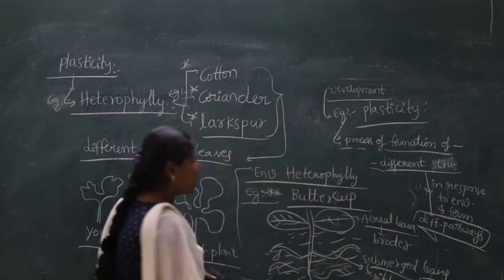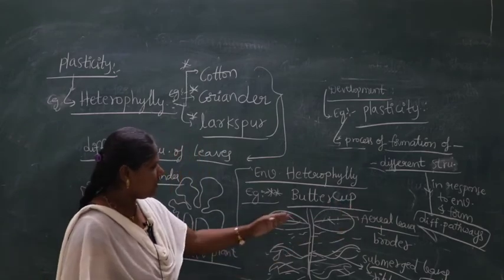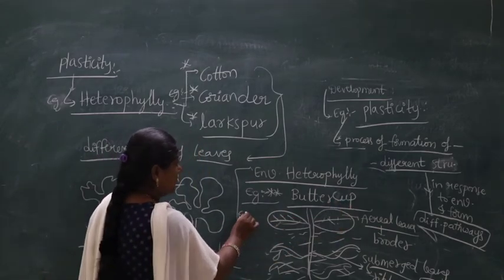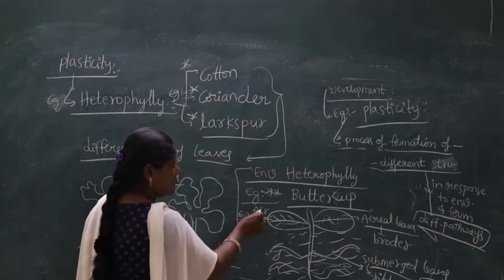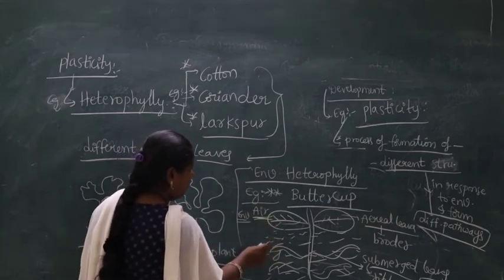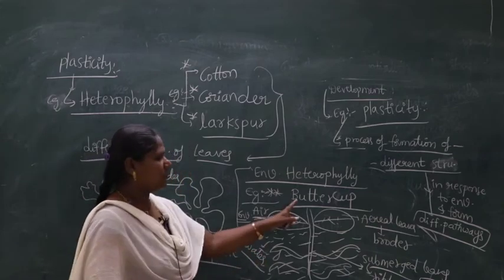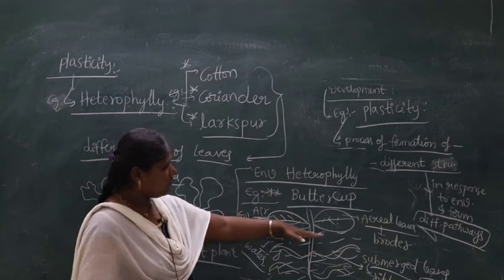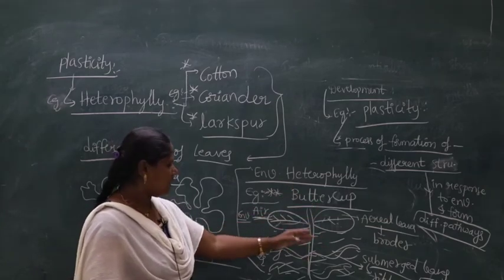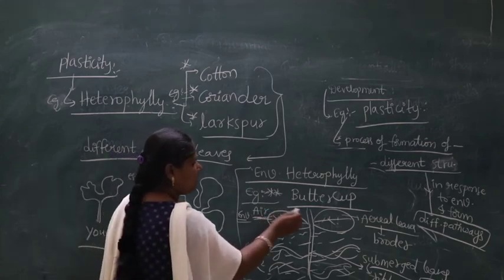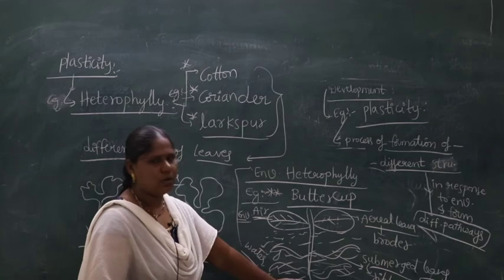What you can see here is that aerial leaves are broader. What differs here? Here the environment is air, and here the environment is water. That means in the buttercup, half of the plant is above the water level, completely aerial, and half of the plant is submerged in water.